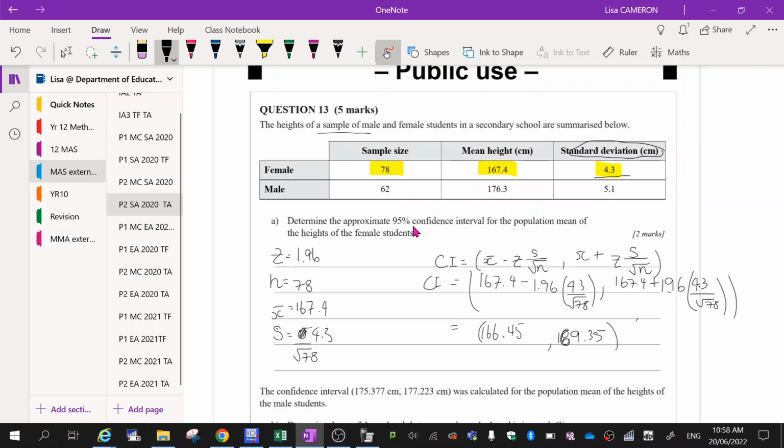So you're 95% confident that the true mean height or the true population height is going to be somewhere between this one and this one. All right, it might be this, it might be slightly higher, it might be slightly less. We're 95% confident that the real population parameter lies between these two.